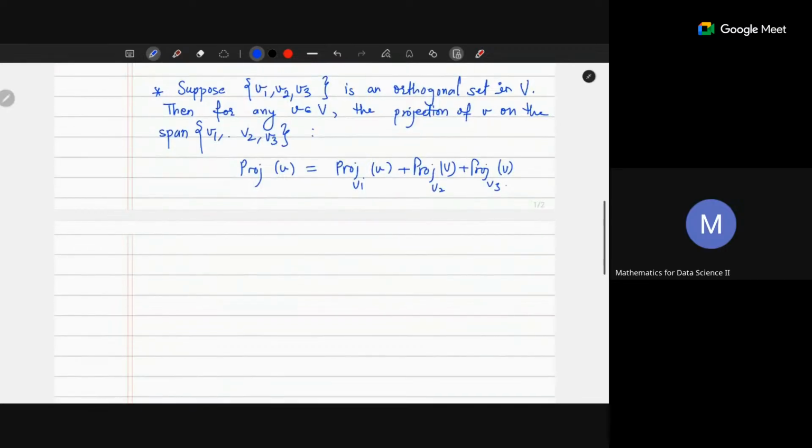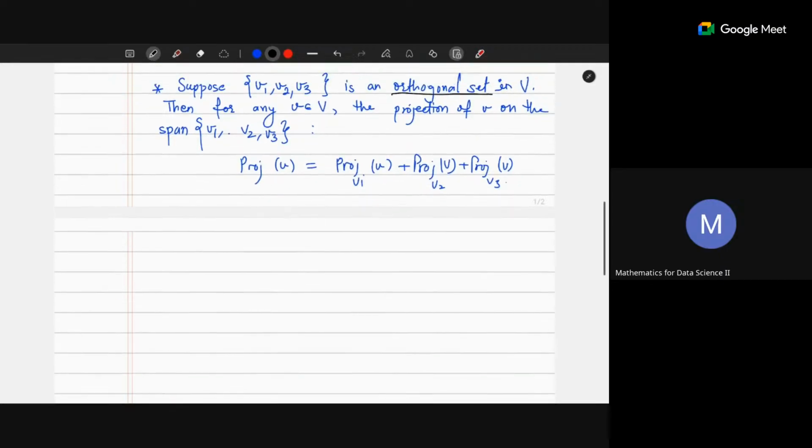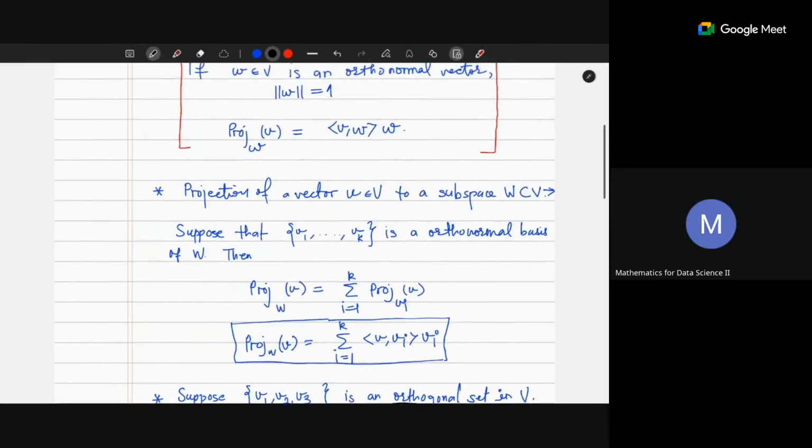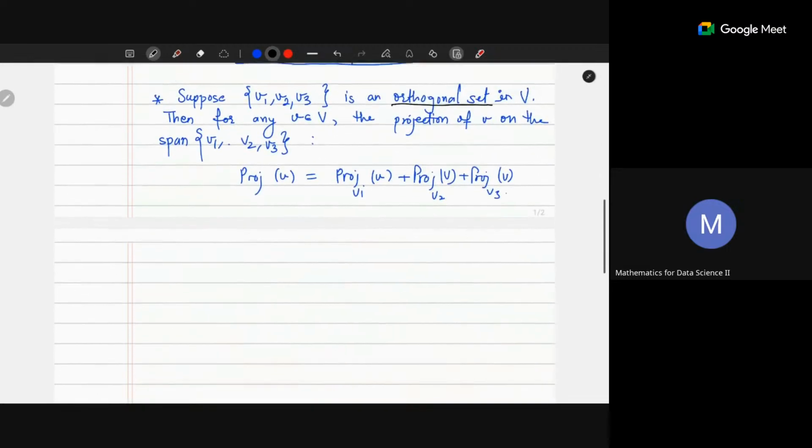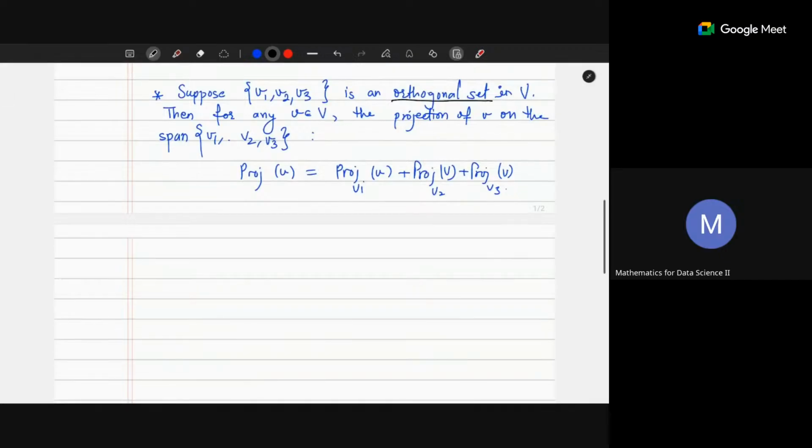Now we have given that these are orthogonal vectors. They are not orthonormal vectors, right? So first we can convert each of these vi into orthonormal, or you can use this formulation that I gave earlier for any general vector. You just need to divide by the square of the magnitude.